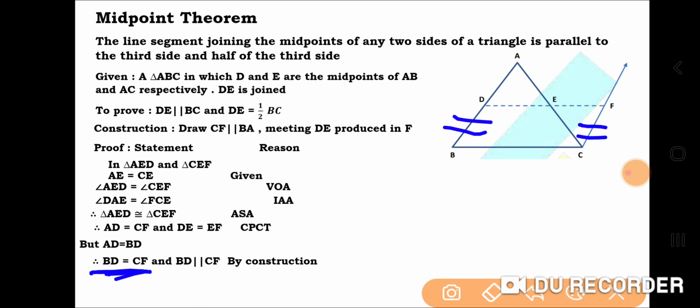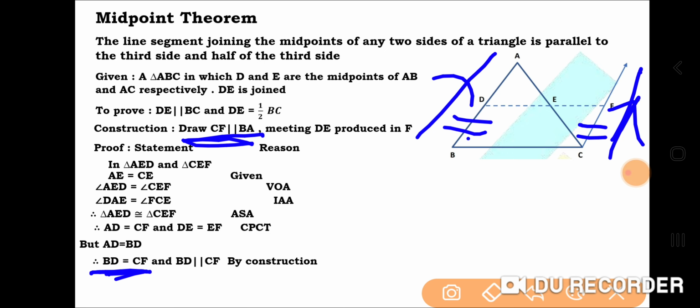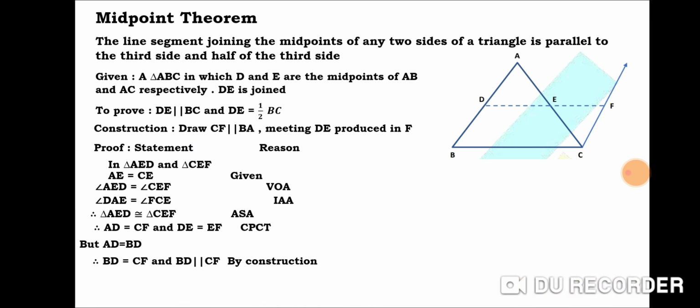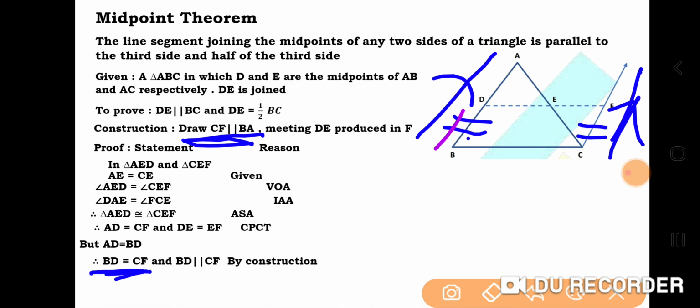At the same time, in the construction, CF is parallel to AB. If CF is parallel to AB, then BD, which is a part of AB, is also parallel to CF.